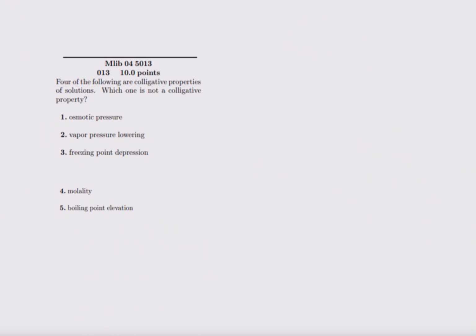molal solution. Okay, which of the following is not a colligative property? Remember, colligative property means it is a physical property that is affected by the number of solute particles in solution. And all of these would be affected by that, except the molality.